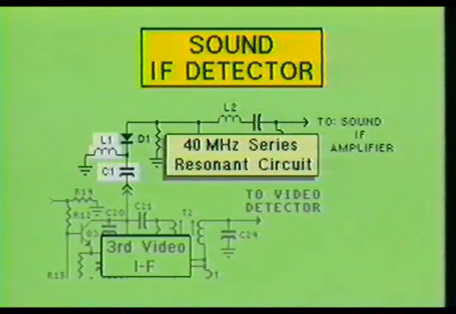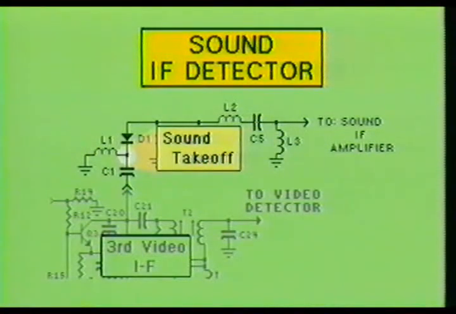The bandwidth is wide enough to pass both the 41.25 MHz IF sound carrier and the 45.75 MHz IF picture carrier. This series resonant circuit is the link between the video IF amplifier stage and the beginning of the sound takeoff. In a color television receiver, the sound takeoff would be the connection between capacitor C1 and inductor L1.